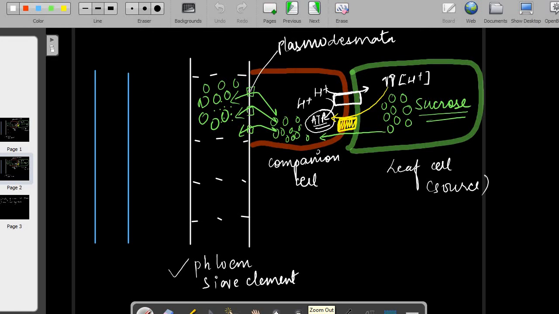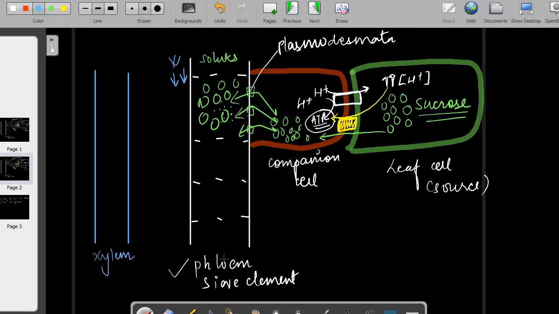So now taking that particular diagram in mind, just see over here that in the sieve elements, now there are more solutes. Solute concentration is high. Solutes are high, water potential is low. So what happens is, this right here is the xylem vessel.